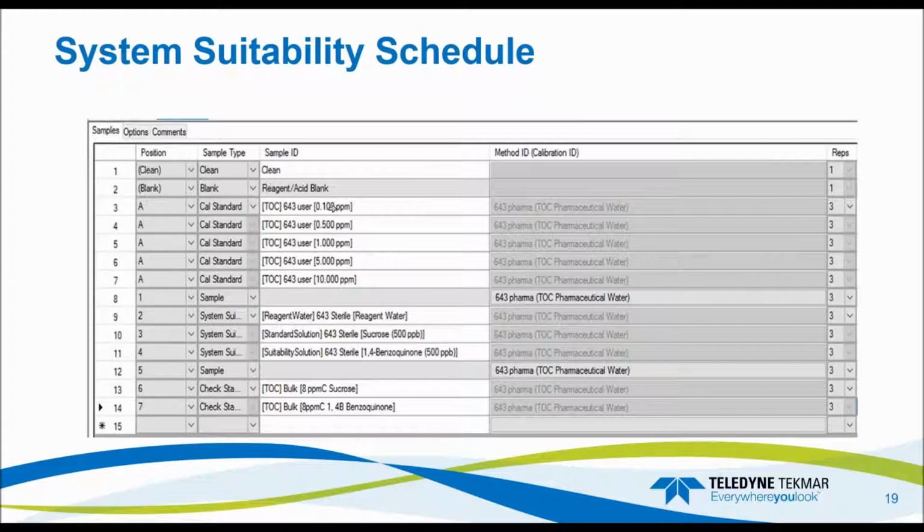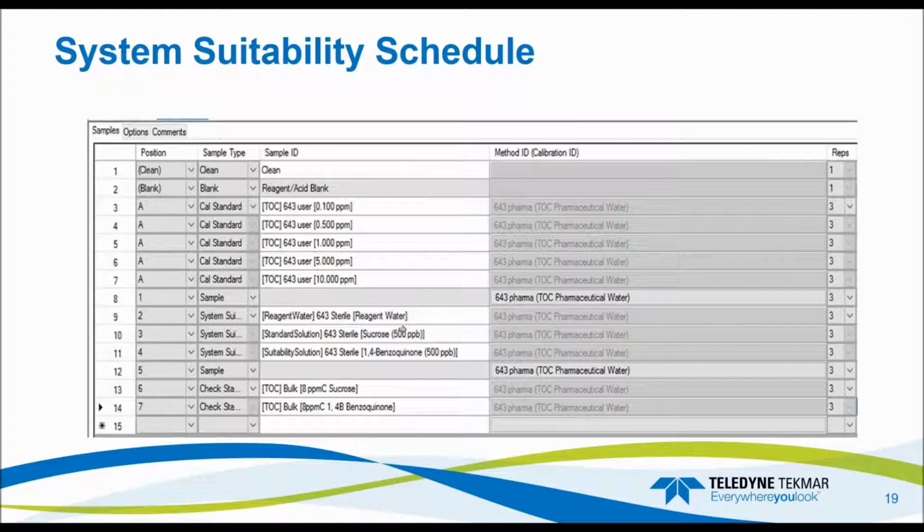I ran 0.1 ppm, 0.5 ppm, 1 ppm, 5 ppm, and 10 ppm in triplicate using the method I created, which I just called 643 Pharma. You can call it whatever you want. Then I ran a DI water sample after the 10 ppm, just in case there was a little bit of carryover, since immediately after that I ran the reagent water sample that, remember, has to be less than 100 ppb.